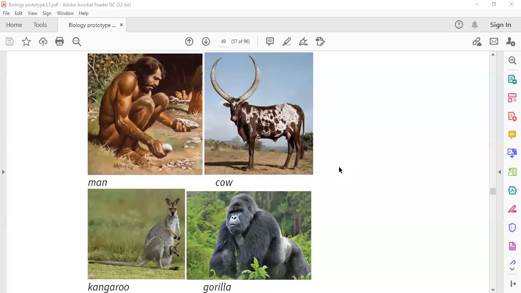Tracy, Teddy or Tracy, any of you should give us a response. They have fur on their bodies. Okay, that is correct. Their bodies are covered with fur.